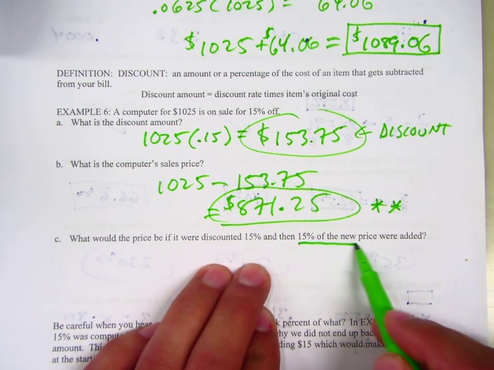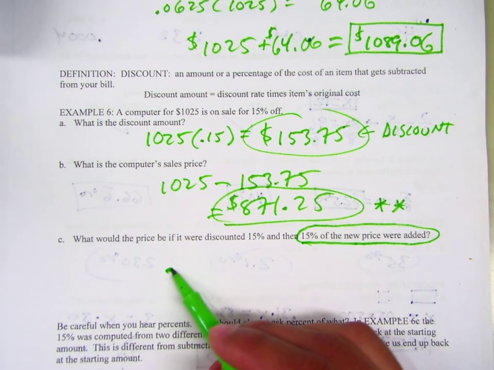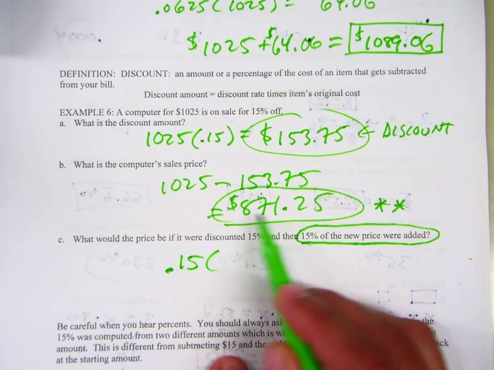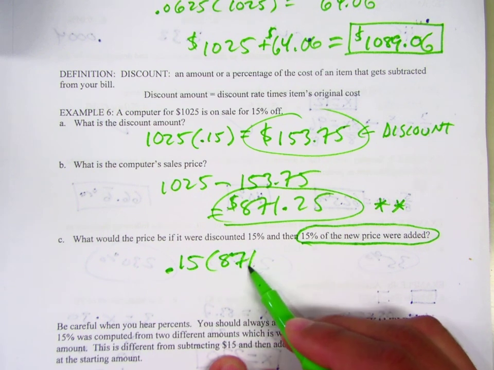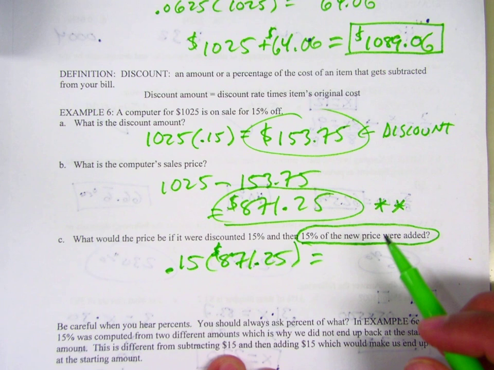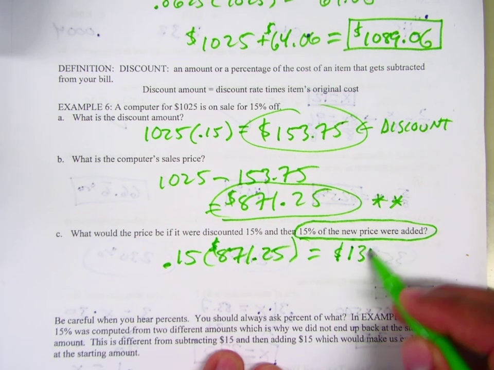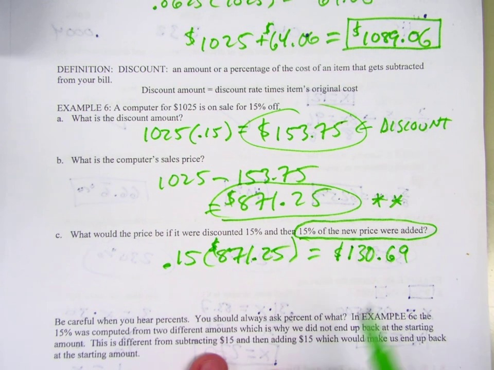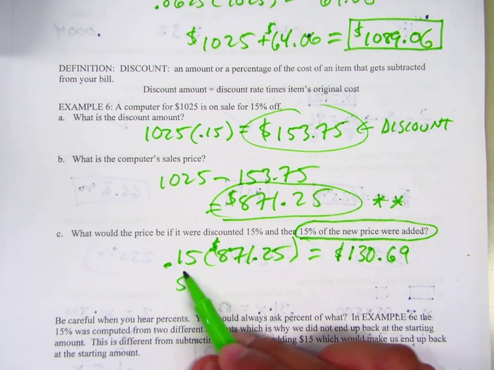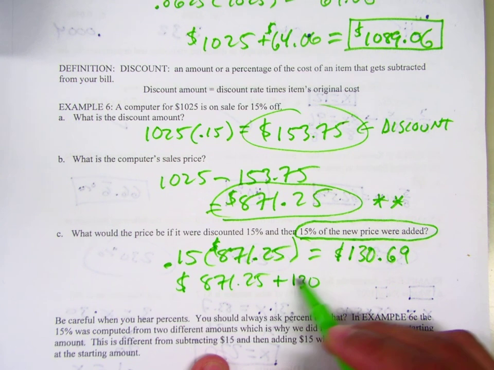Well, now I got to take 15% of this new sale price, and help me out. 130.69. So now if I take those two and add them up, what do we get? 1,001.94. Okay.